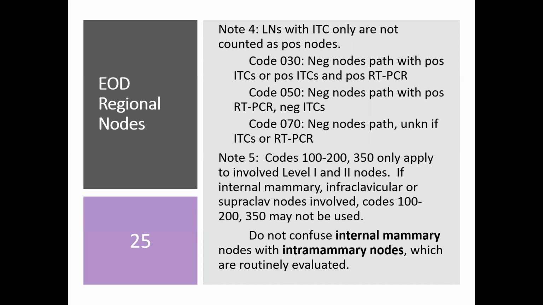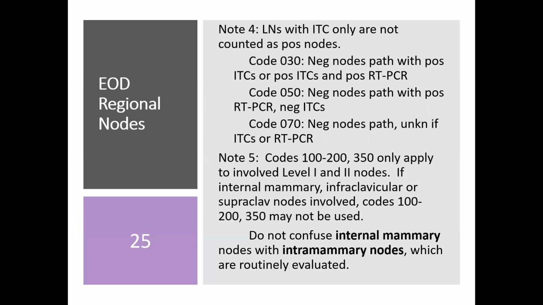Note 4, lymph nodes with isolated tumor cells or ITCs only are not counted as positive nodes. Then there are specific codes for nodes, whether you have negative nodes on path and positive isolated tumor cells are found on further testing, like the RT-PCR, or if it was found on IHC, were the lymph nodes positive or negative for isolated tumor cells.